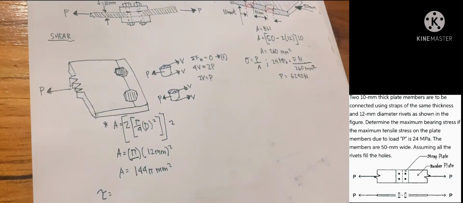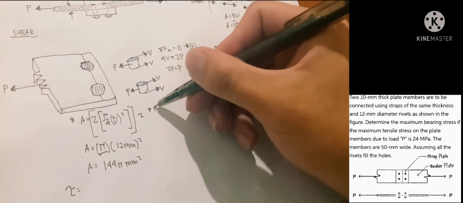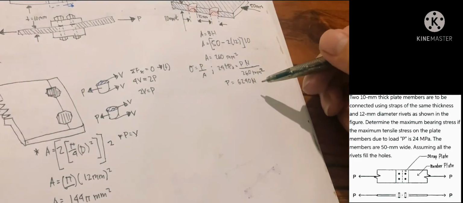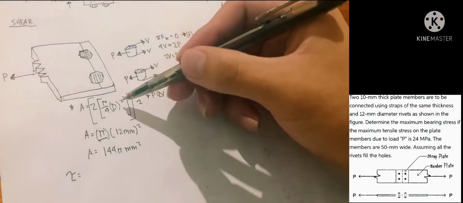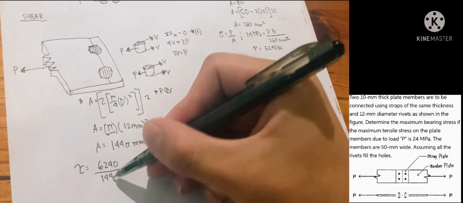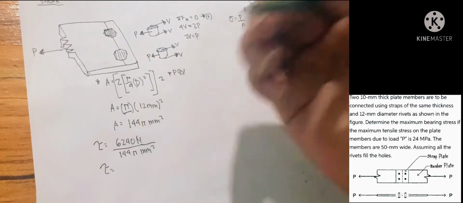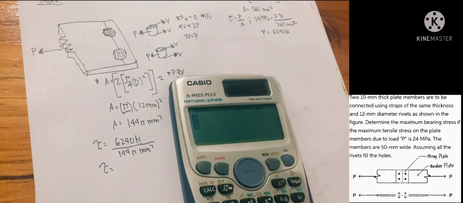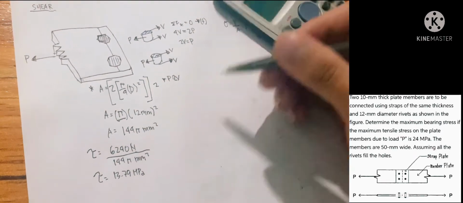But if the question is we are looking for our maximum, then we do not need to consider the other couple. It depends on the question that is being asked. So our 2V, that's why we multiplied by 2, right? Since P is equal to 2V, we are in double shear. You should already know that by now. We've already done with our shear. So our answer for our average is 13.79 megapascal.